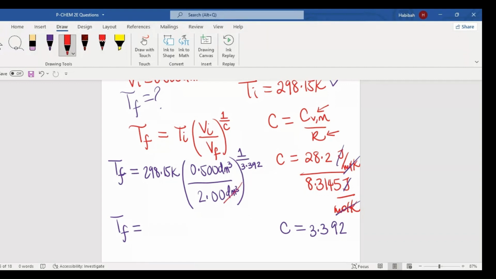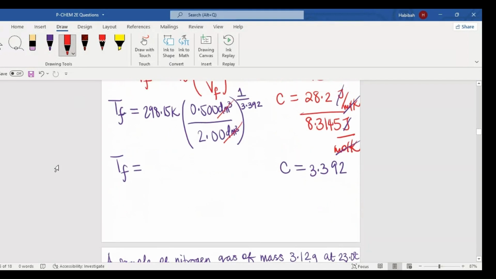Before we go ahead, let's cancel out the units for the volume, and we're going to input this information in our calculator. We're going to input that information in our calculator to get 0.66436, times 298.15 Kelvins.